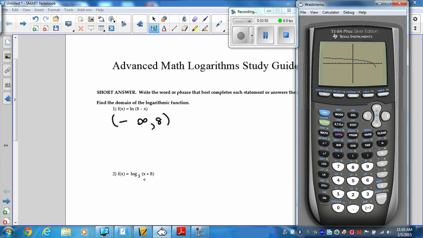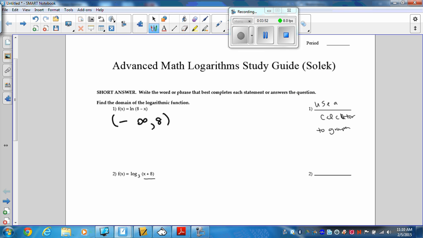Likewise, in number 2, you're going to be looking at the calculator, but you should take a hint for this one. This one is going to go from negative 8, because you remember the domain for log only starts at 0, and so if we add 8 to that, negative 8 plus 0 is going to be what we're going to look at for that one.